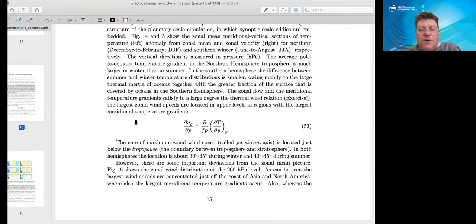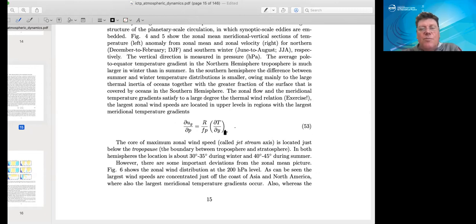It's very useful. And you will derive this in an exercise from the momentum equation and from the hydrostatic equation. You will derive that if we are in geostrophic and hydrostatic balance, there has to be this relationship between the meridional temperature change and the change of the winds with height.